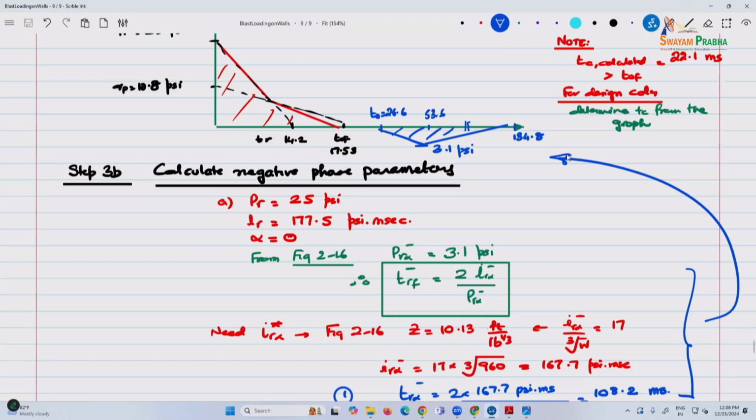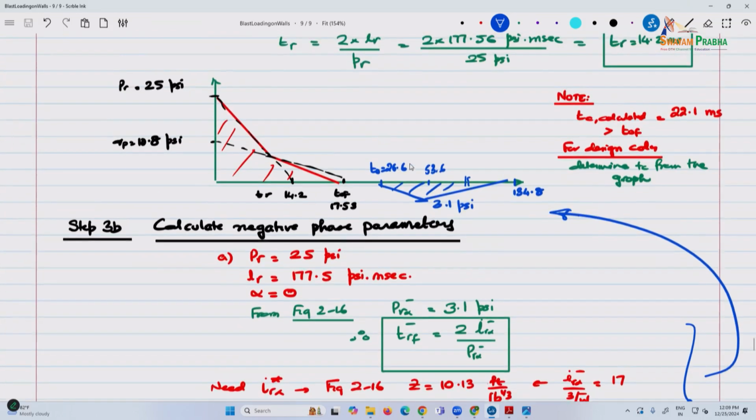So positive phase, let me make sure we have all the numbers in. 25 psi, 10.8, 14.2, 17.53, 26.6, 53.6, 134.8, 3.1 psi, I think, matches.